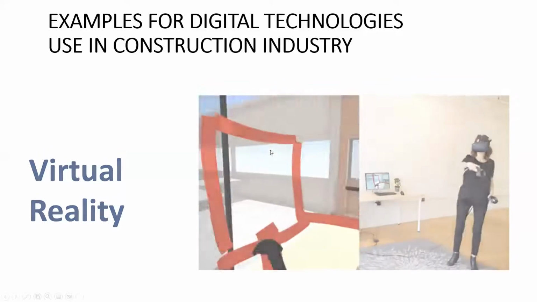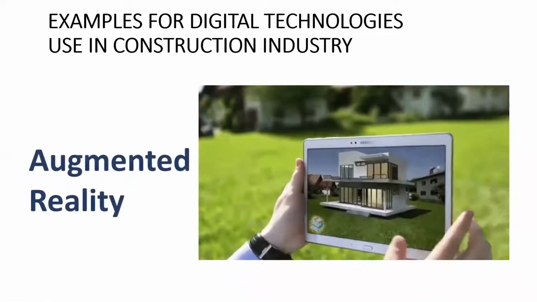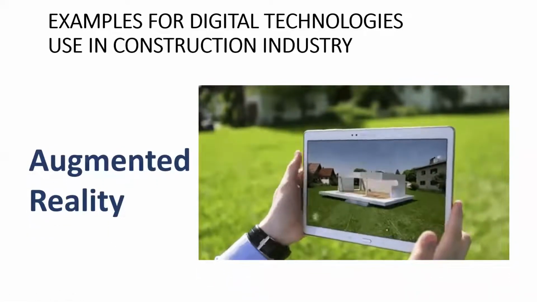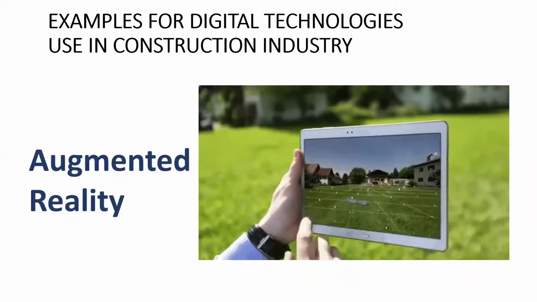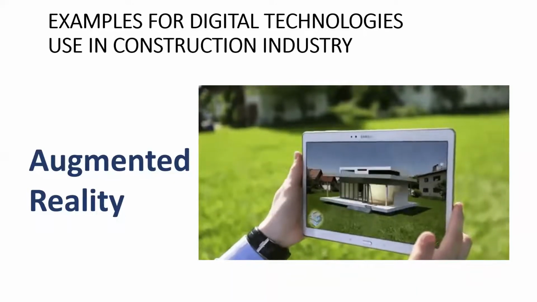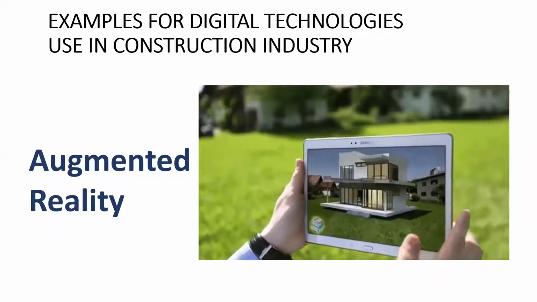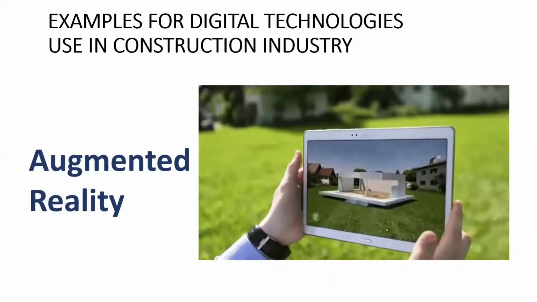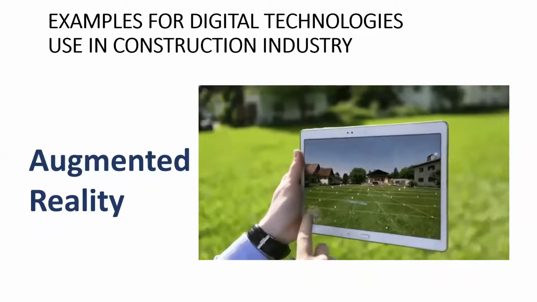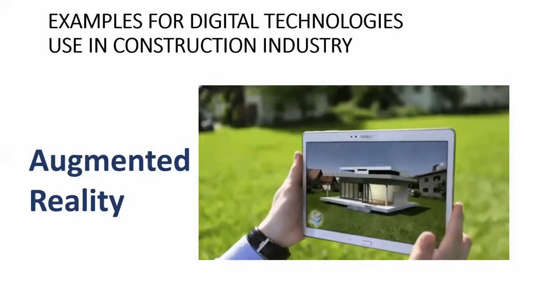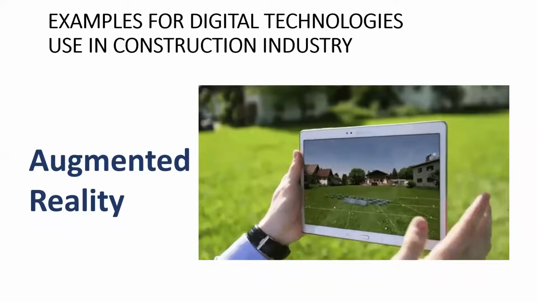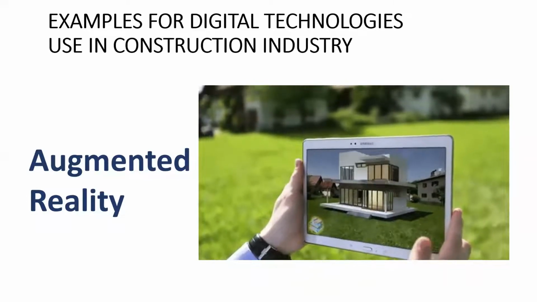Then augmented reality. Augmented reality is another example of digital technologies used in the construction sector. The difference between augmented reality and virtual reality is that in augmented reality, you can create a virtual building on top of a physical area.